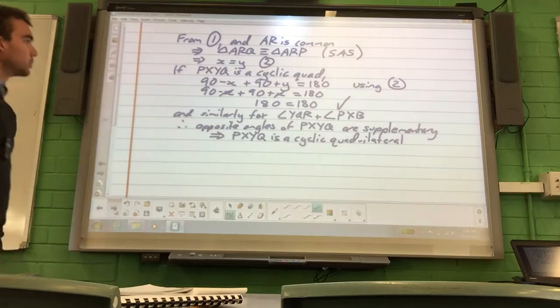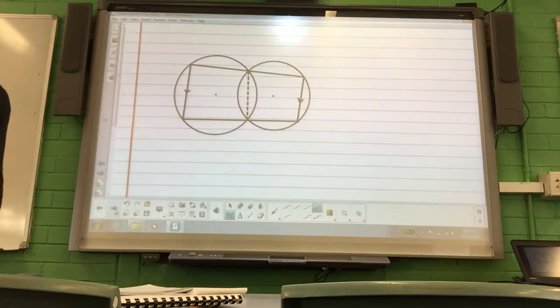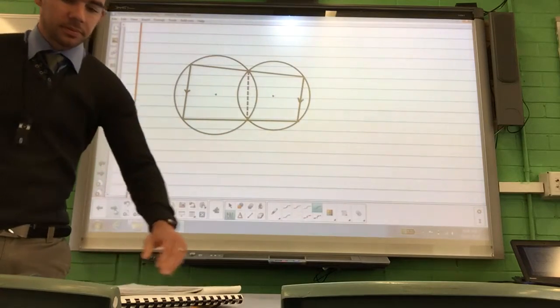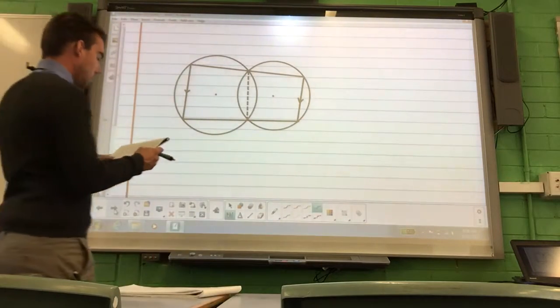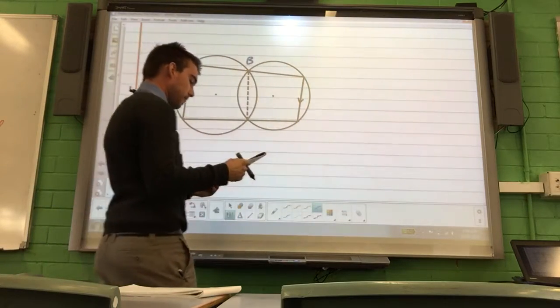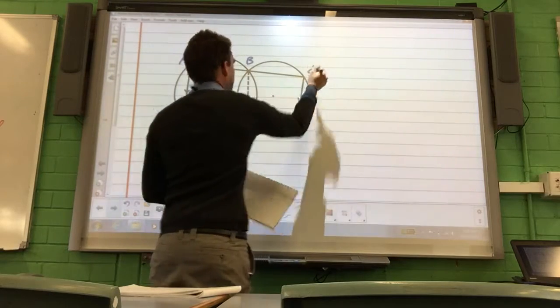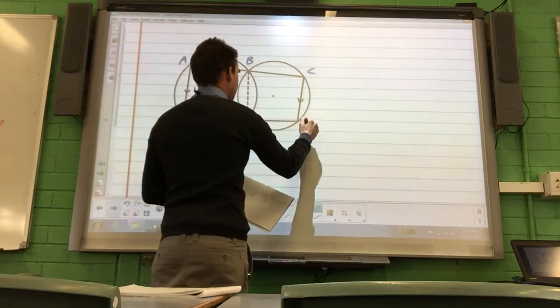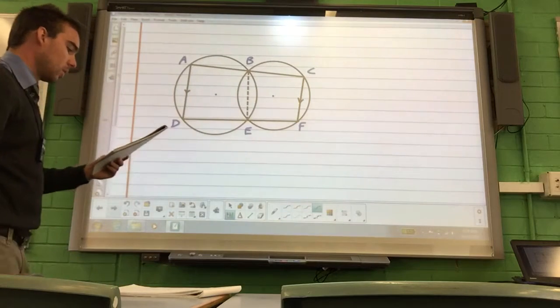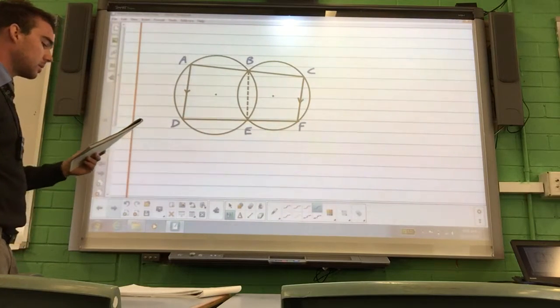Something a bit more simple now. We're up to E. A, B, C, F, E, D. We had the parallel sides AD and CF.